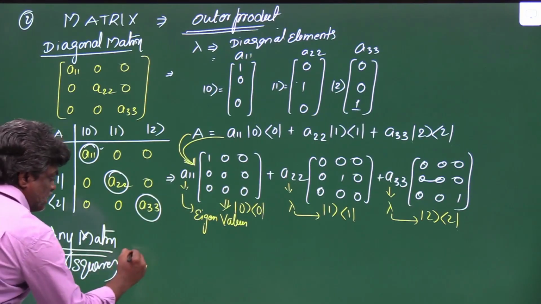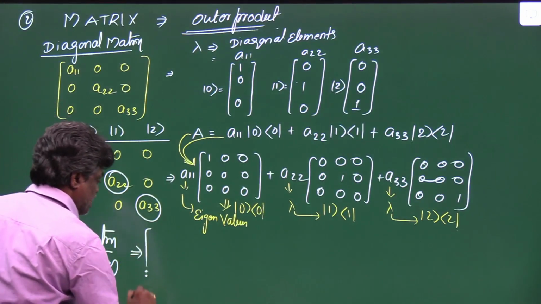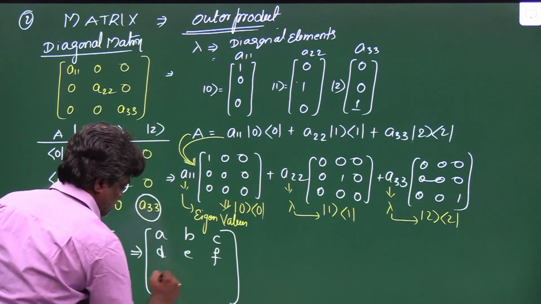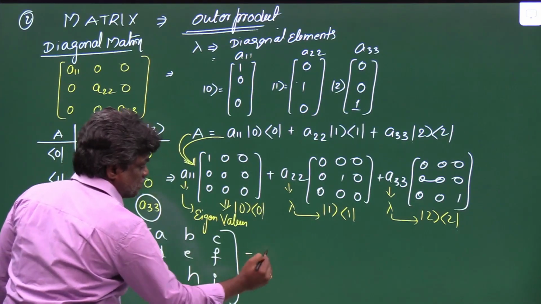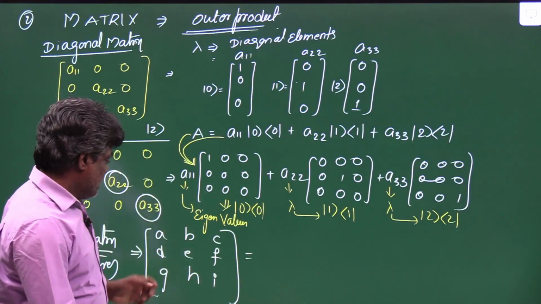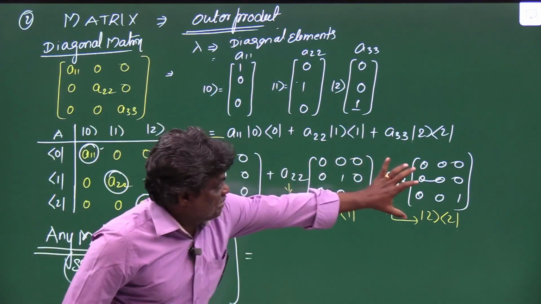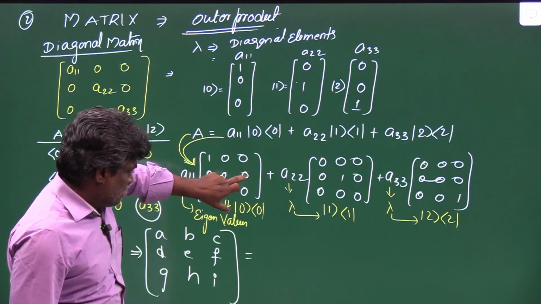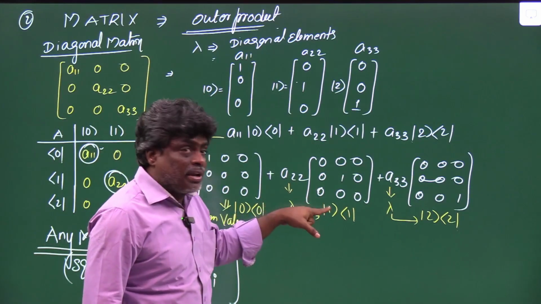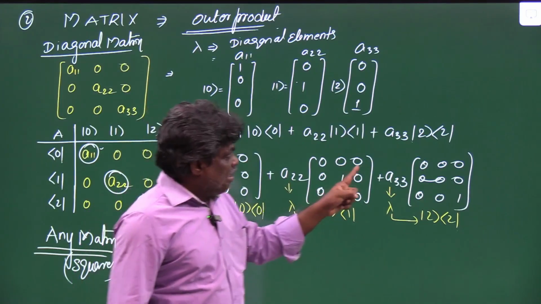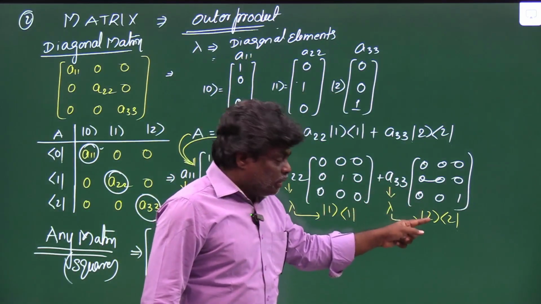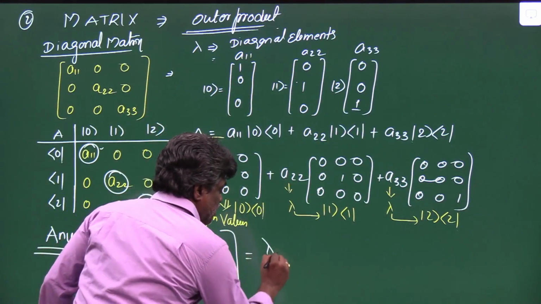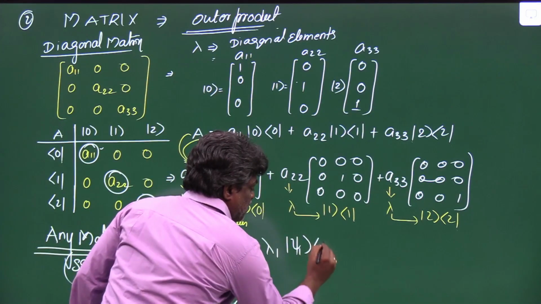Any square matrix, let us suppose some arbitrary matrix A, B, C, D, E, F, G, H, I, can be written like this: eigenvalue times the corresponding outer product of its eigenvector, plus eigenvalue times the corresponding outer product of its eigenvector. That means lambda 1 outer product psi 1 psi 1.